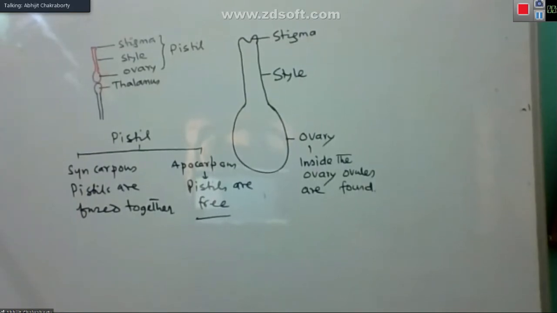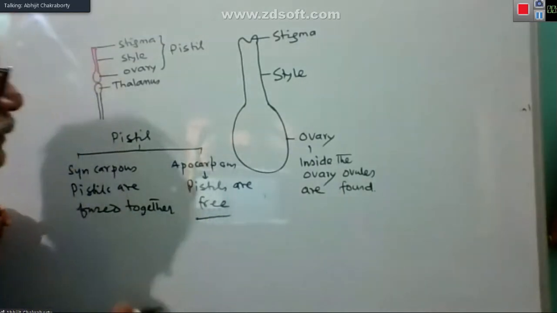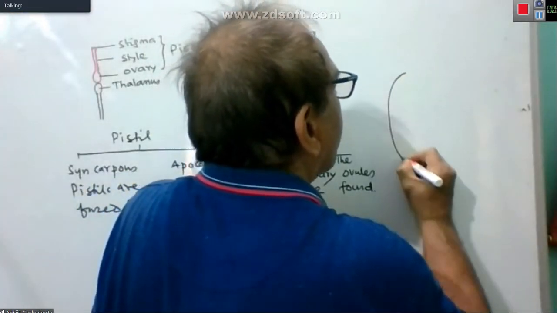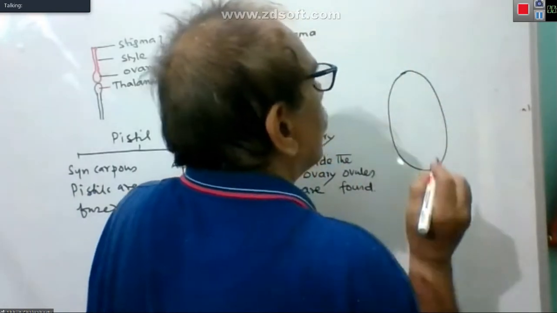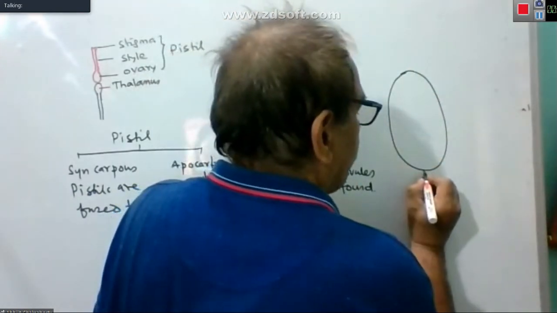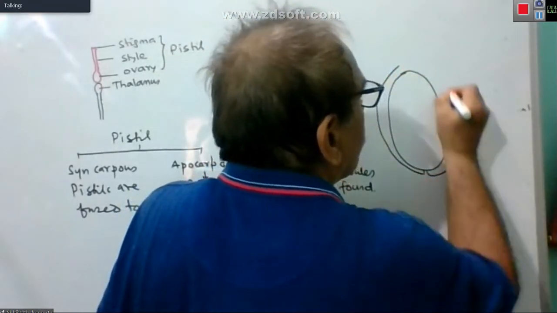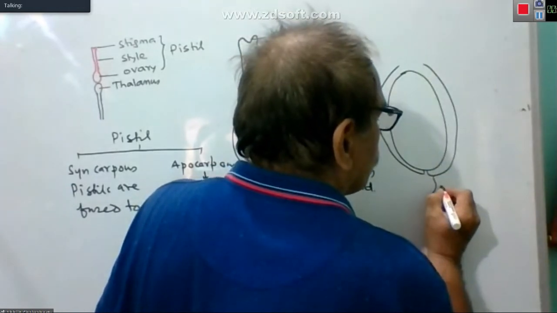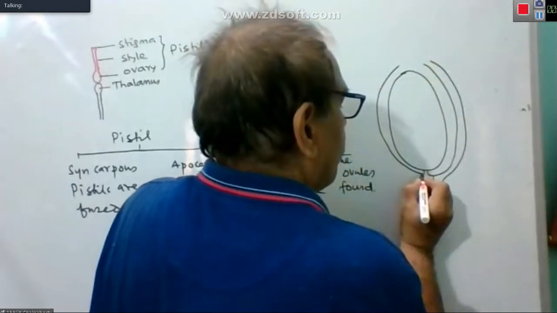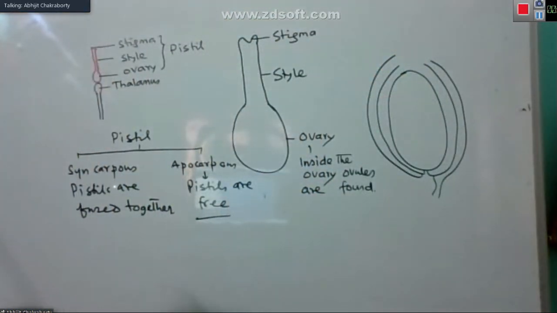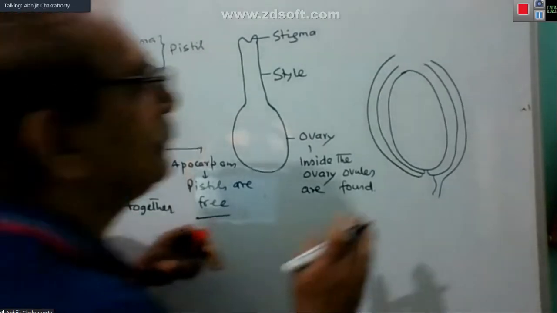Now you see, what about the ovules present inside the ovary? Look at this diagram. Here, this is the nucellus.